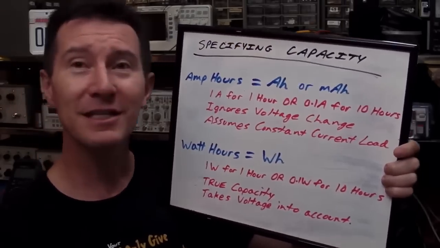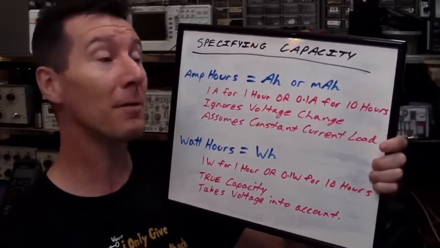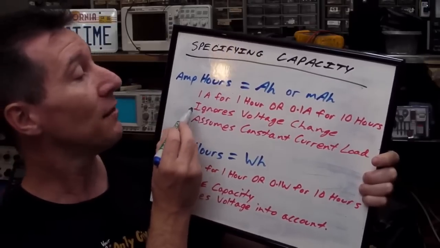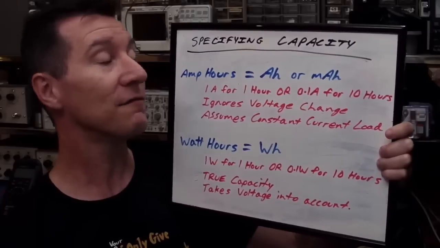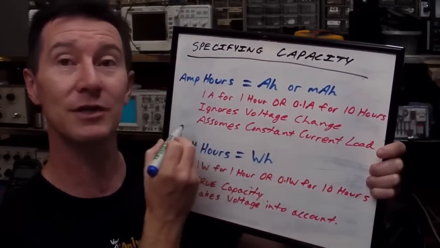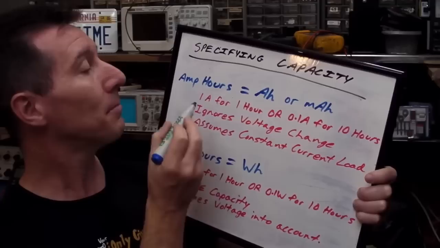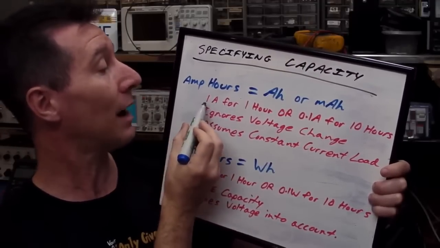Now, this isn't strictly the correct way to specify battery capacity because it makes some assumptions. It totally ignores the voltage change in the battery, and it assumes that you've got a constant current load, and not all loads are like that, which we'll go into. But basically, let's say a battery is rated for 1 amp hour.